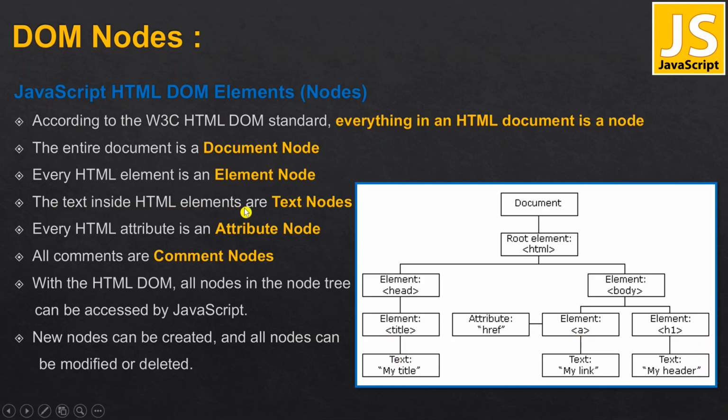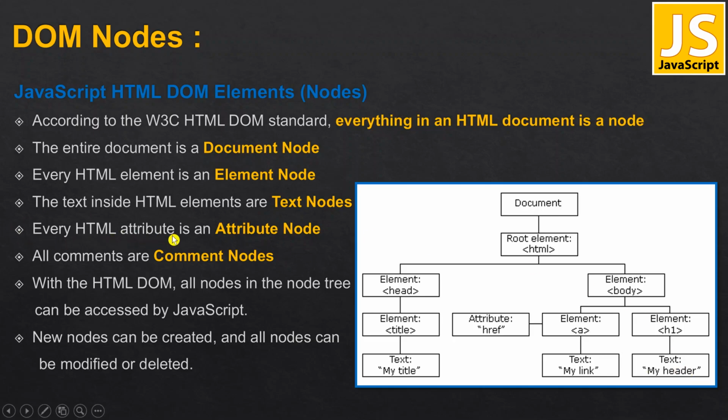The text inside the elements are text nodes. The text inside the HTML elements are text nodes. Here the h1 tag has its own text, my header. This text is also called a text node. In the object paradigm this is called inner text, but in the node concept it is called a text node.